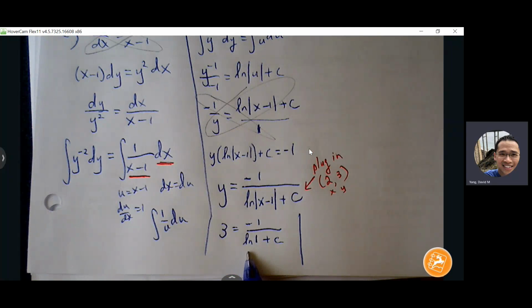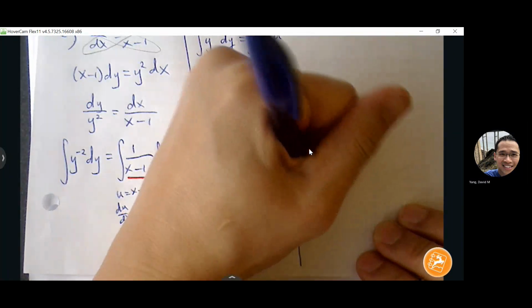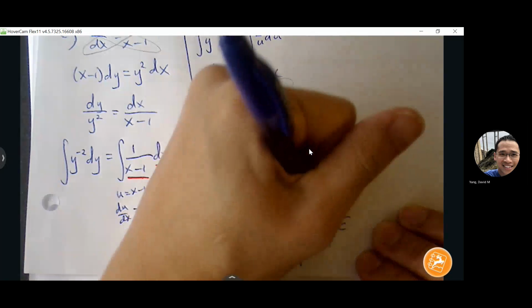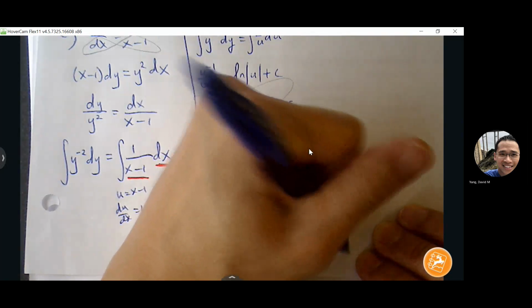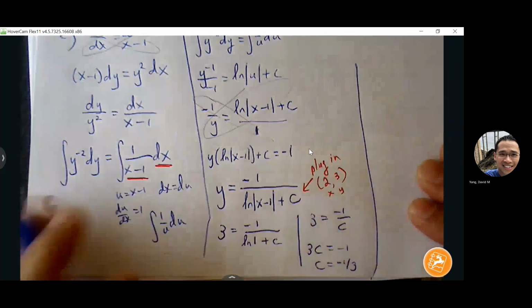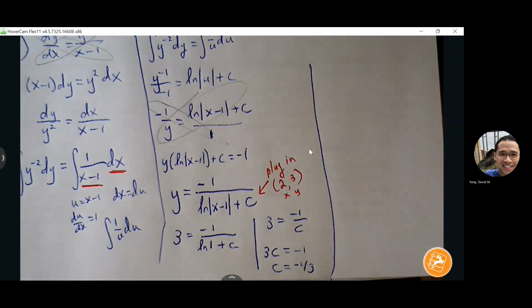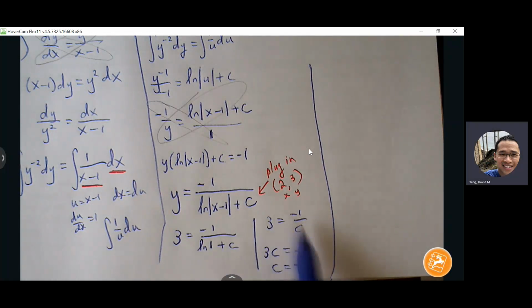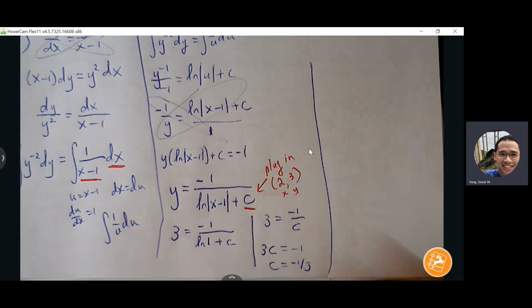Natural log of 1 is 0. Three equals negative 1 over c. Cross multiply, 3c equals negative 1, c equals negative 1/3. Put the negative 1/3 back where you made your substitution.